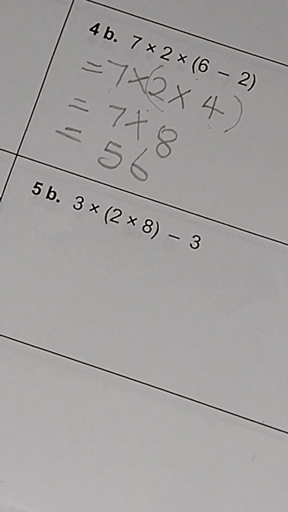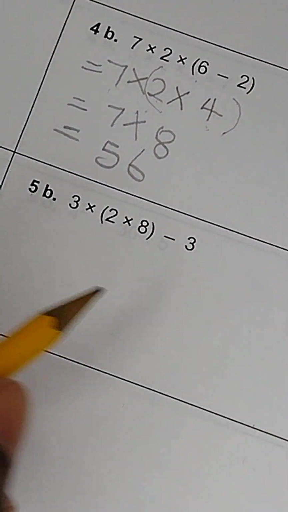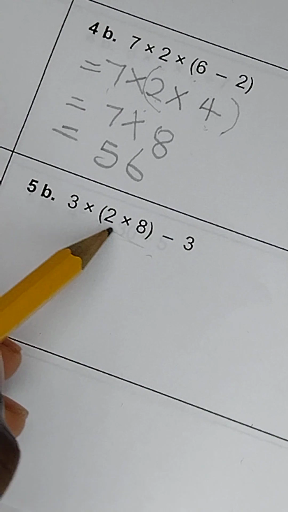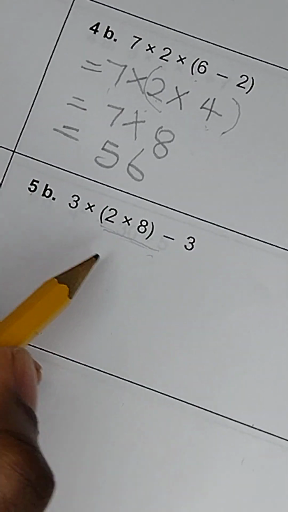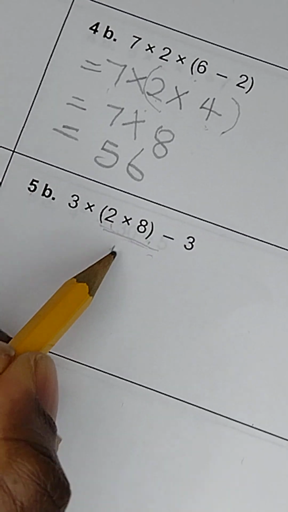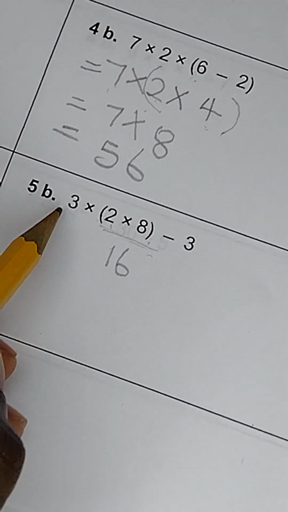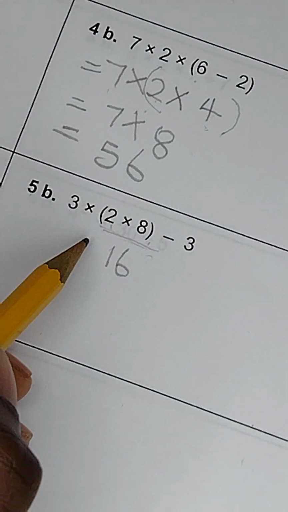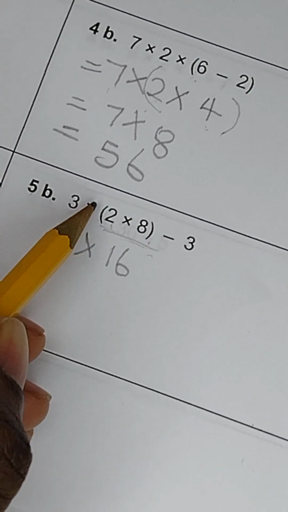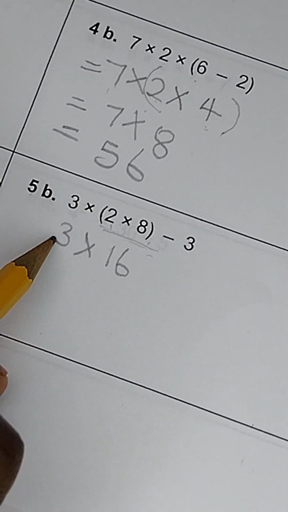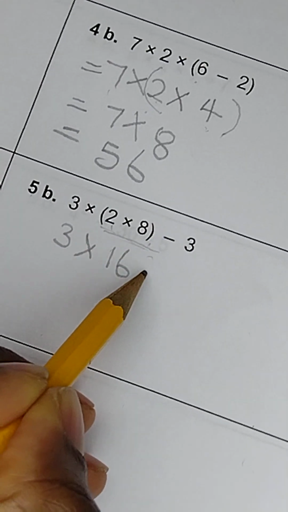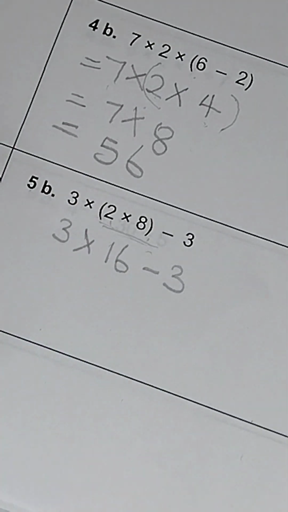And finally, again, we've got this bracket here. So we're going to deal with the bracket first. 2 times 8, and that is 16. Then we can bring down everything else as they are. So we've got a times there. That times comes down here. And then we've got a 3. We've got a negative there. Bring it down here, and 3.